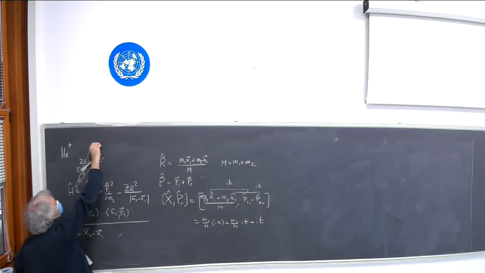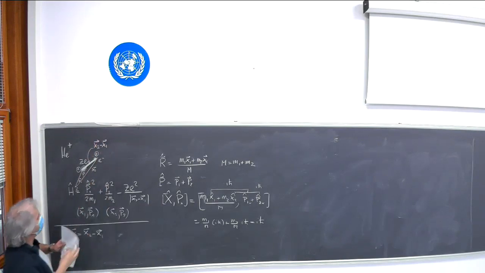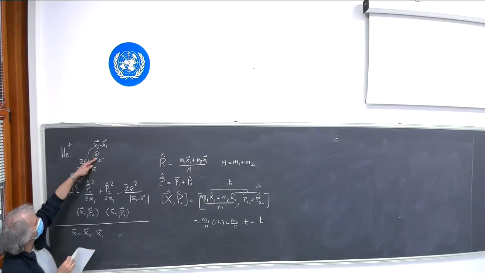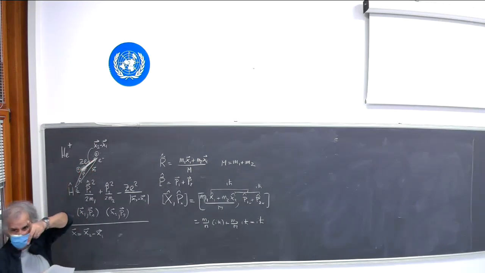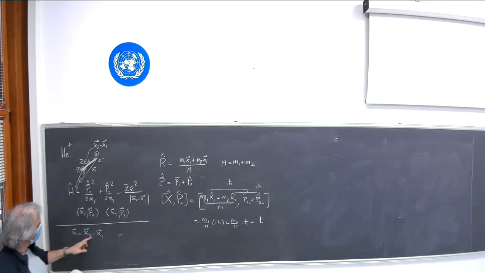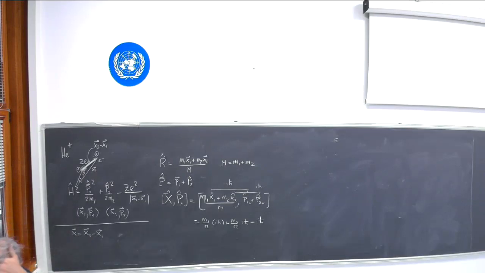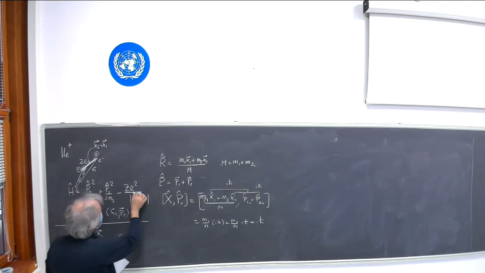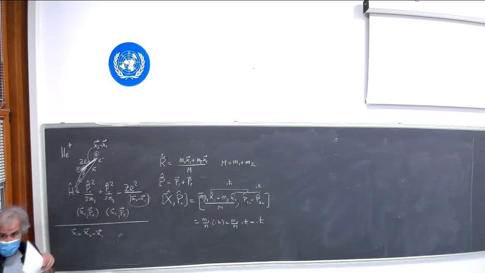It's the relative coordinate, so it's the position of 2 as seen from 1. Is it clear? Now, this seems to be the natural thing to solve the two-body problem, right? A relative coordinate. After all, the interaction involves only the relative coordinate, and not the absolute position of the two.